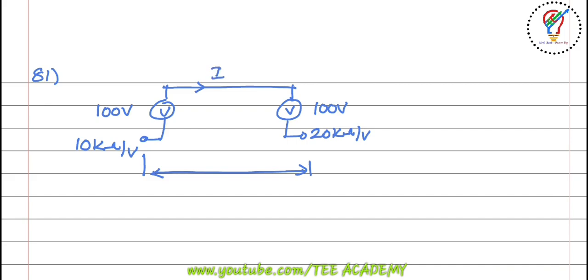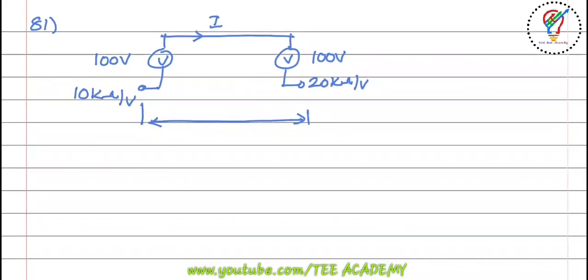Now first, we will take the resistance RT1. Because sensitivity is given, RT1 is equal to 100 volts into 10 kilo ohms per volt.